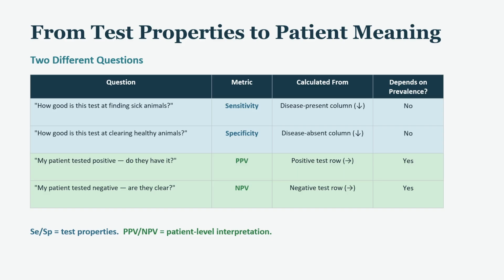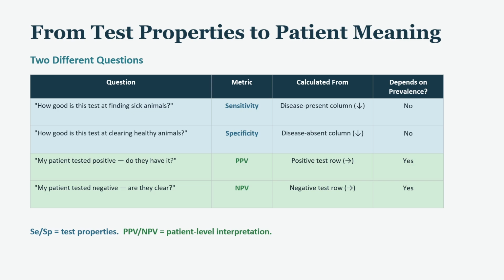Positive predictive value, PPV, answers: if the test is positive, what is the probability the animal truly has the disease? Negative predictive value, NPV, answers: if the test is negative, what is the probability the animal is truly disease-free?